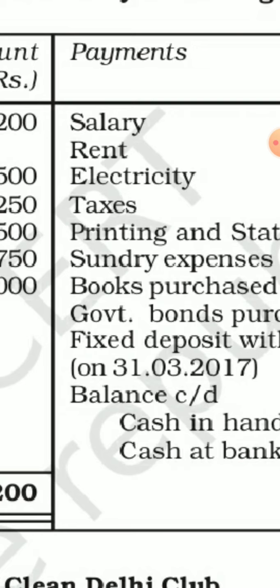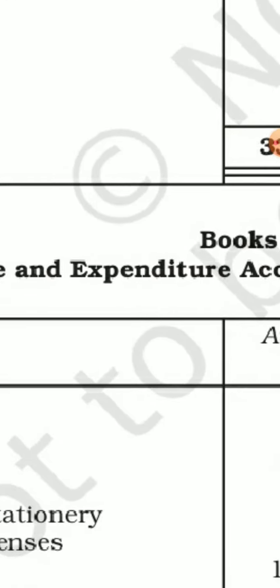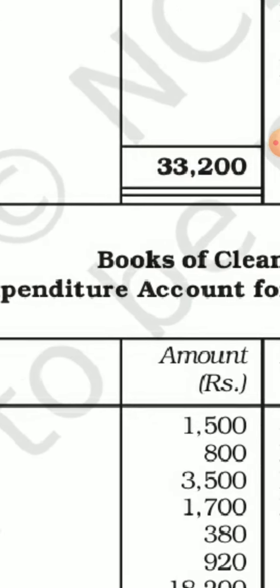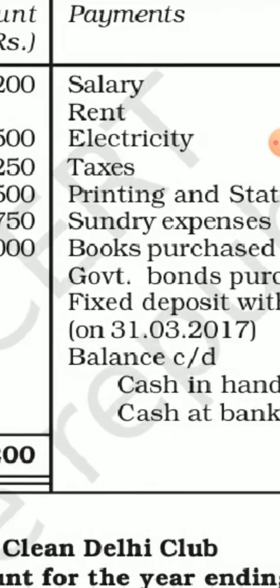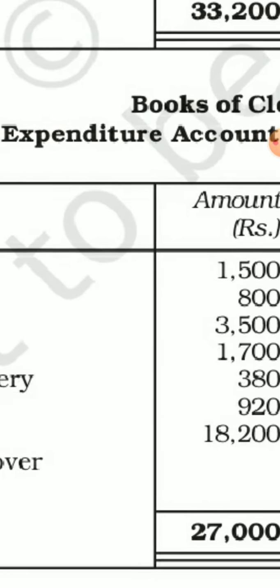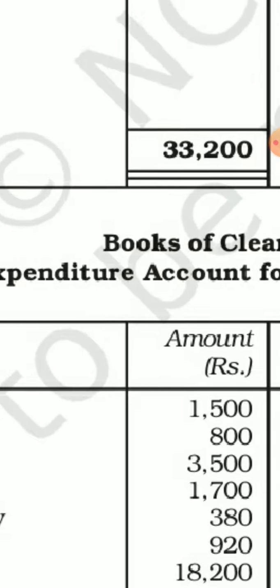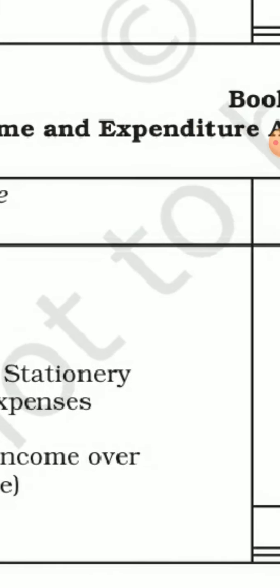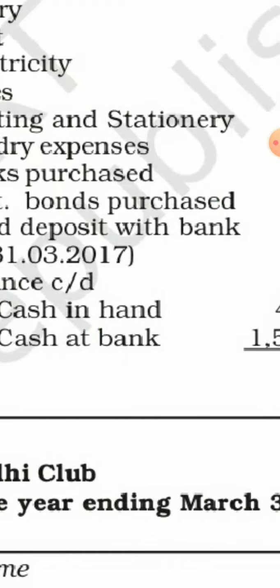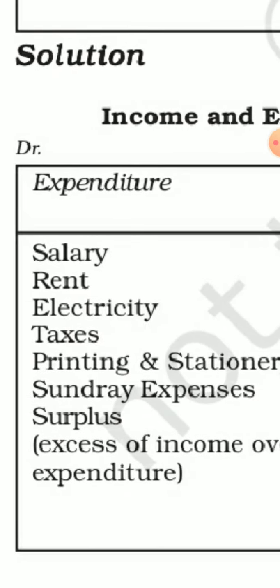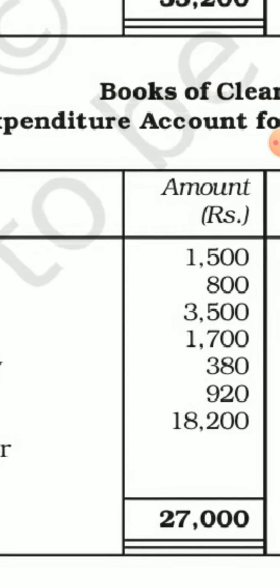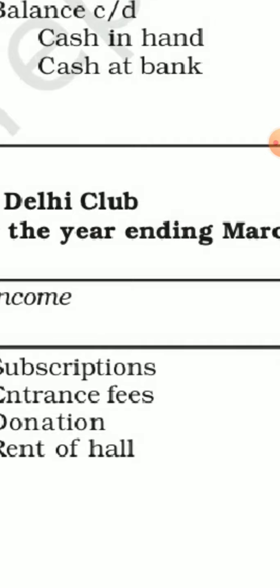On the payment side, all the expenses and payments of the current year related to revenue, we take on the expenditure side of the income and expenditure account. First is salary, to salary 1500. Then rent, to rent 800. Electricity, to electricity 3500.